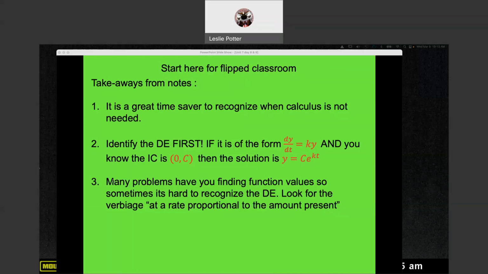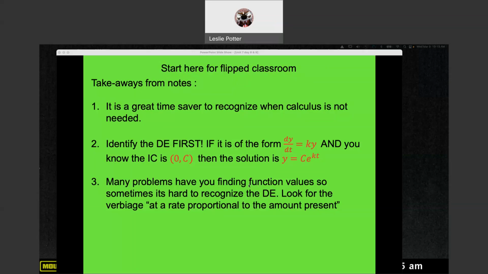A lot of times, and I mentioned this earlier, sometimes they just ask you, hey, what is f of 5, right? Or what is f of 20? Okay, and so they just have you finding function values. So you have to recognize that if you have the differential equation, you have to get that particular solution, and then you can plug in the 20 into the independent variable. Okay.